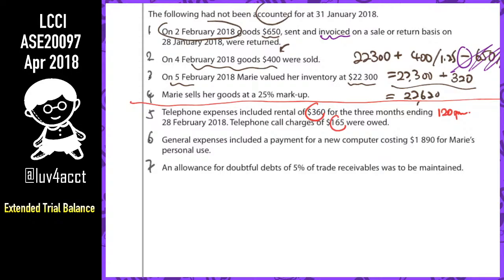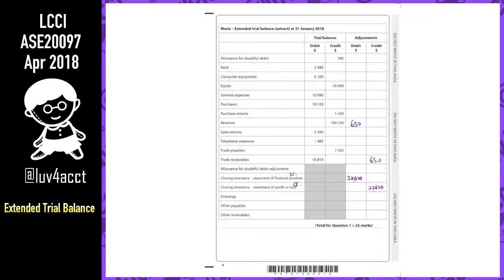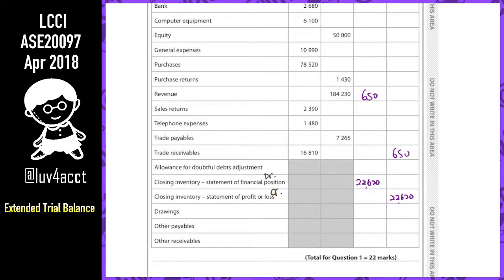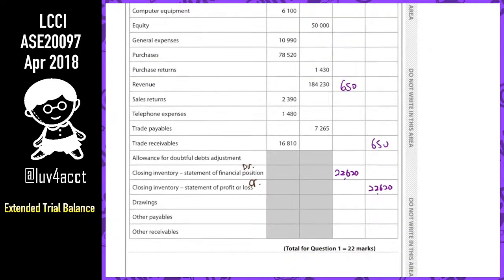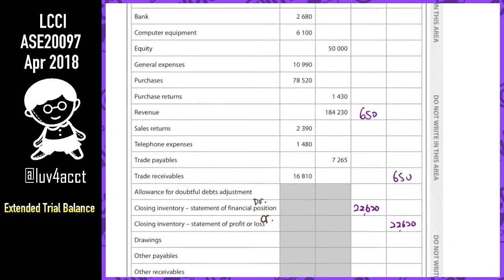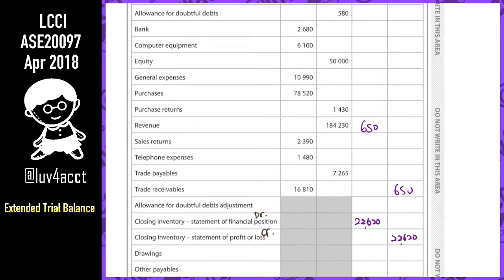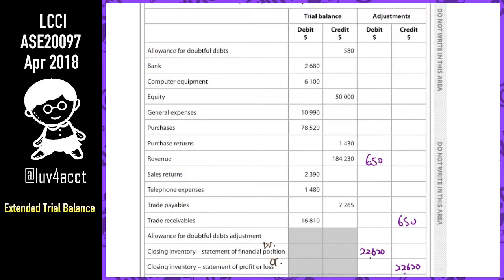So let's deal with the rental income first. Where is rental income? There is no rental.